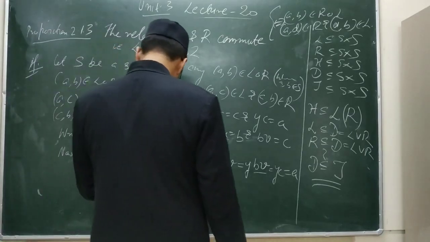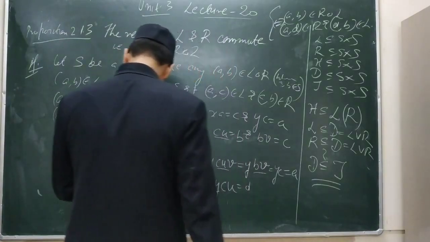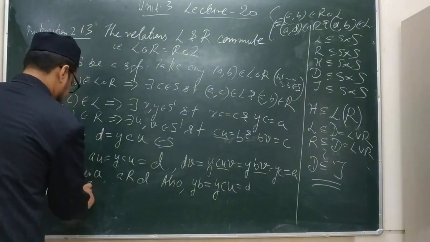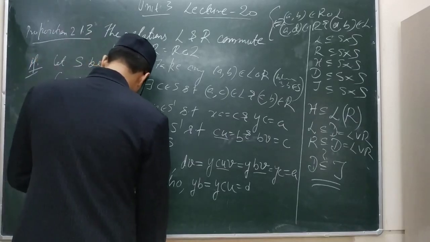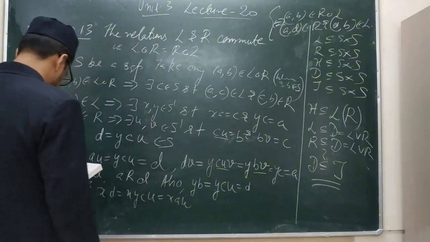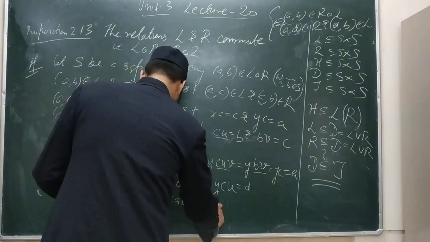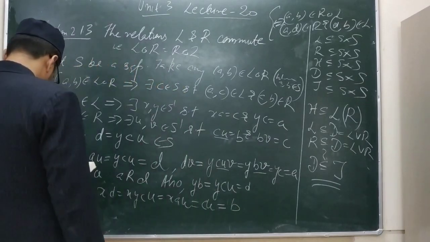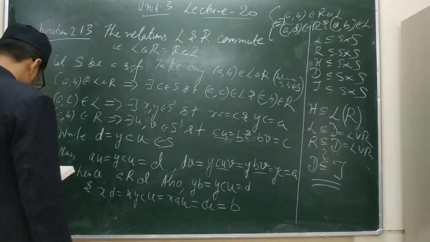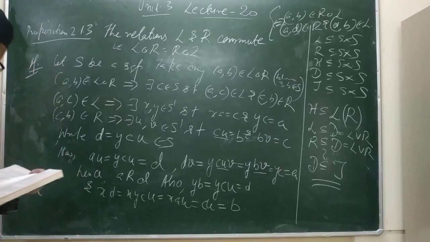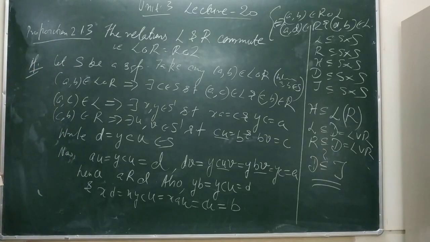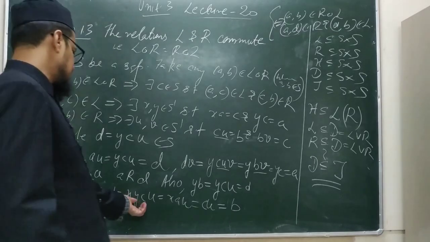Now also YB is equal to YCU is equal to D, and XD is equal to XYCU, and this is XAU, and this is CU, and this is B. So XD is equal to XYCU is equal to XAU is equal to CU is equal to B, because YCU, what is YC?